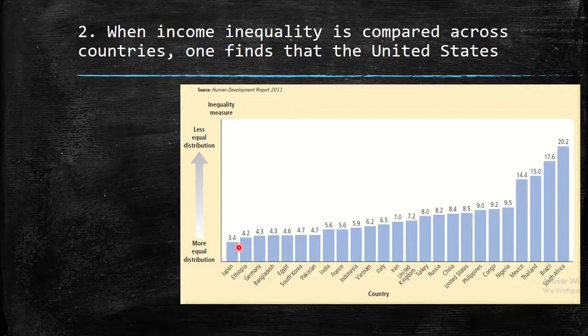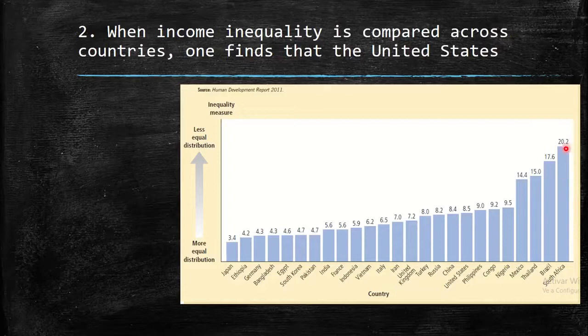Here is a ratio between the top fifth in the numerator and the bottom fifth in the denominator. So the higher the ratio, the more inequality in the country.